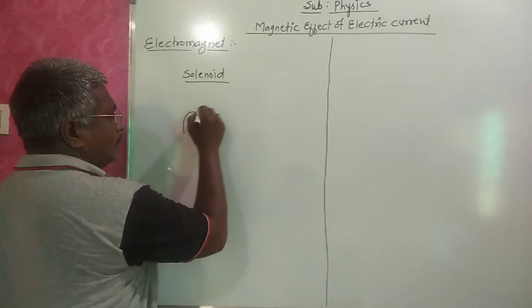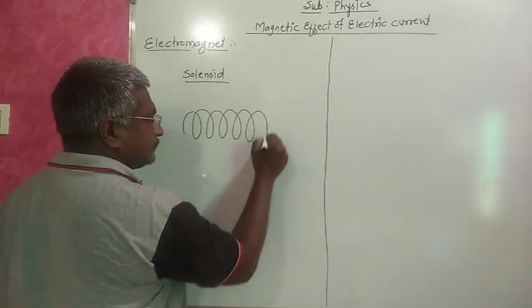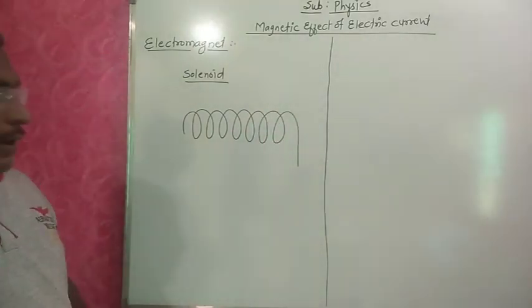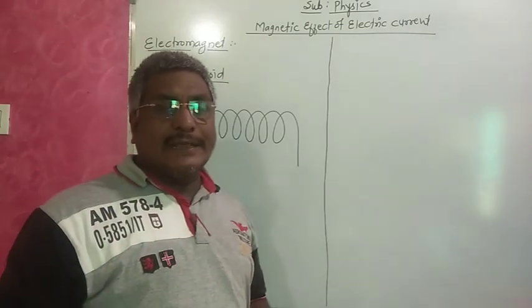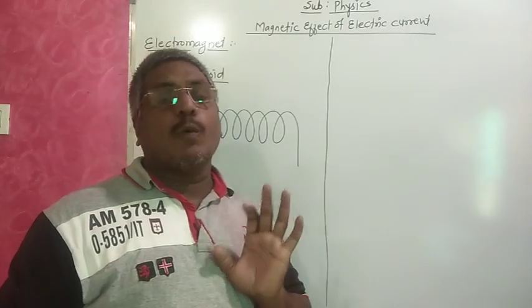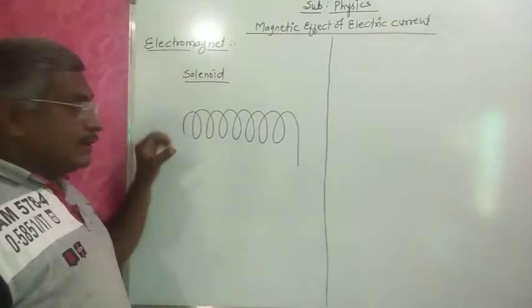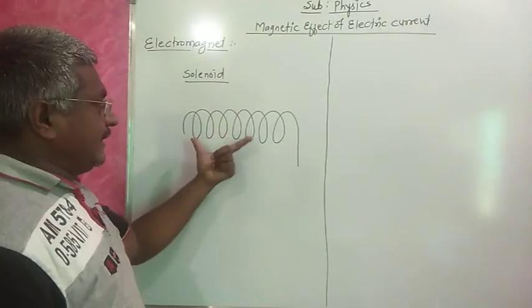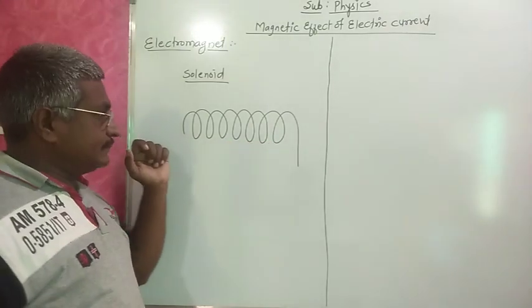A long coil made up of insulated copper wire is called a solenoid.